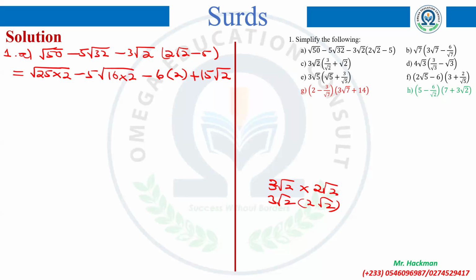The 3 will multiply the 2 and give you 6. Then since the root 2 and root 2 are the same, put bracket 2 into bracket 2.